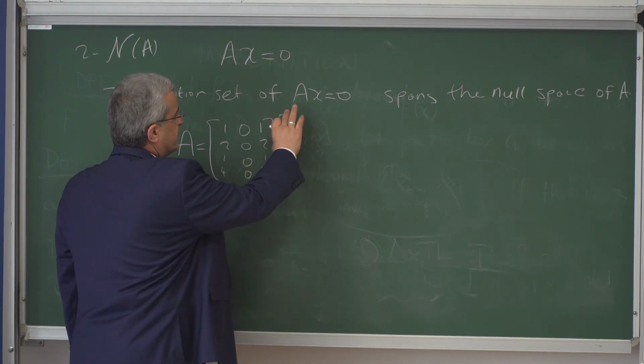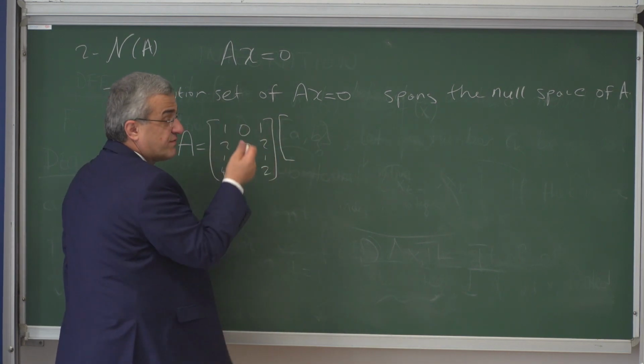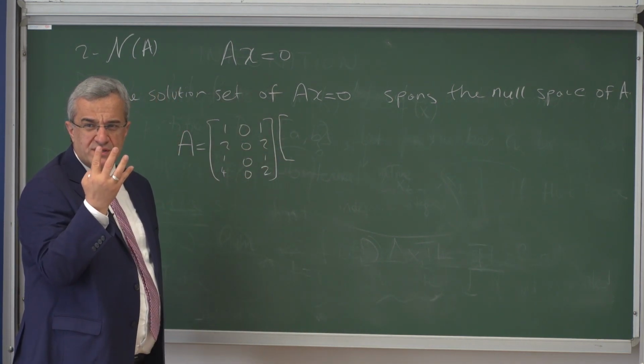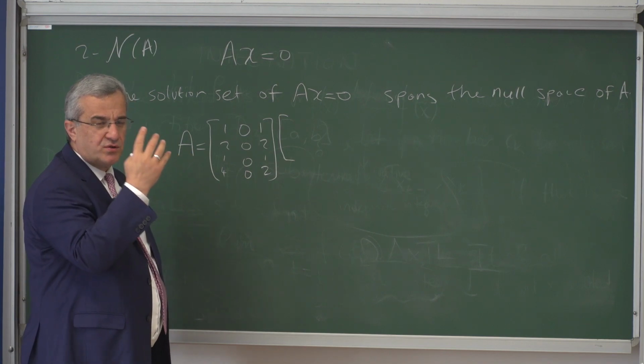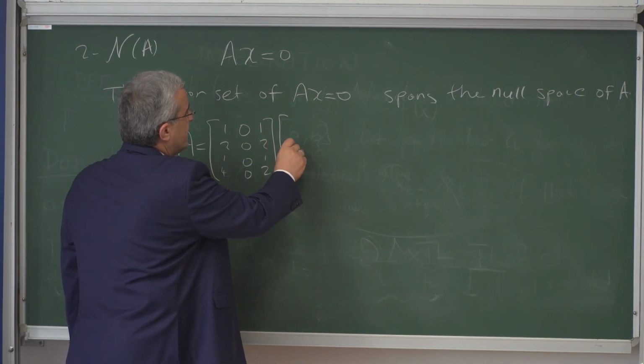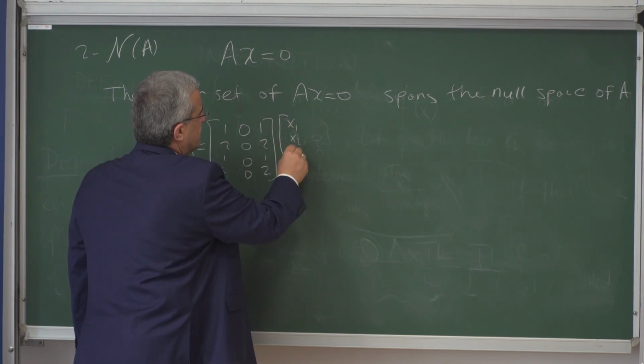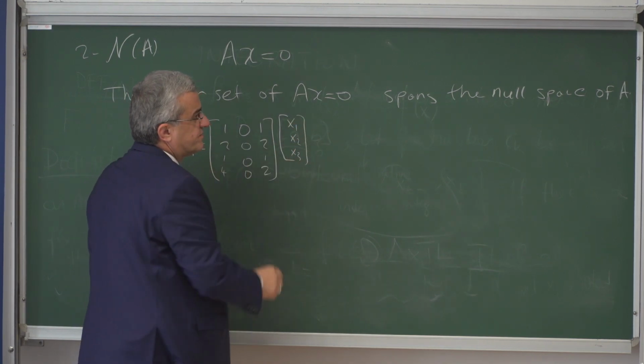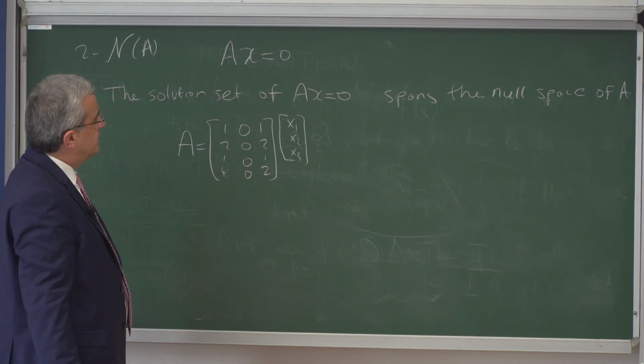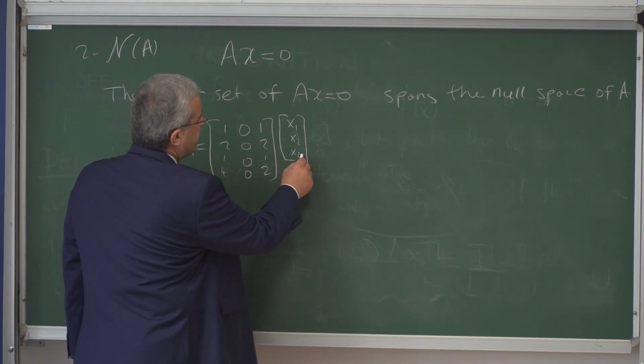So the X will have how many components? The components here will be equal to N, right? So it is X1, X2, X3. Okay? So this is N.